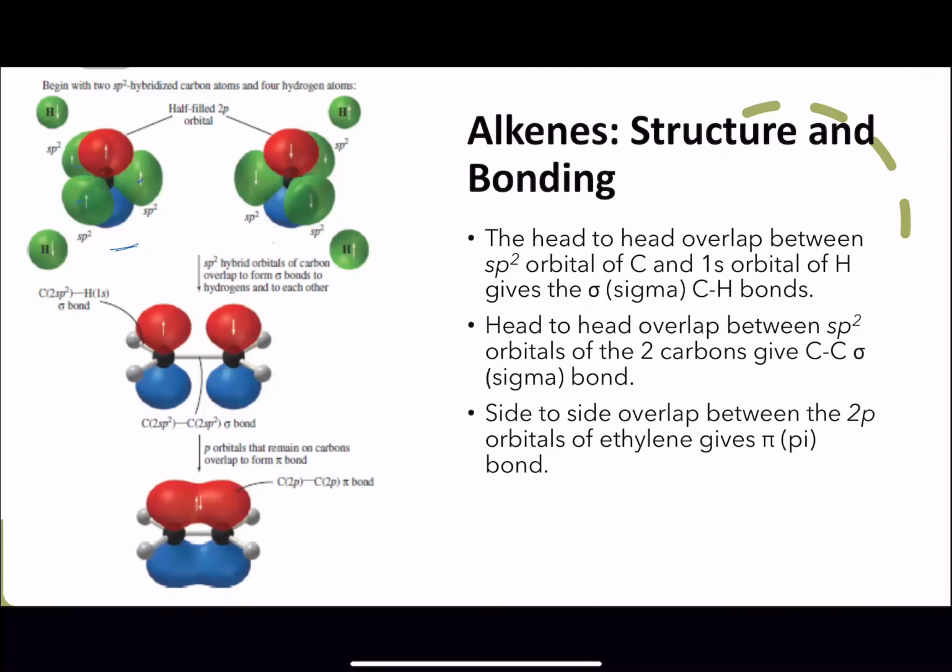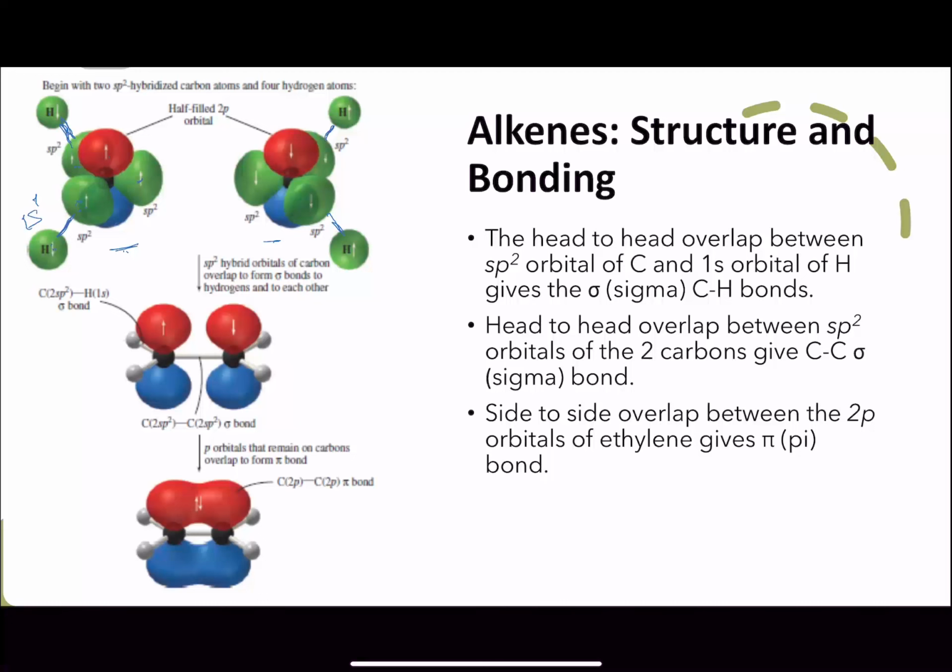For ethylene, we have two carbons, each sp2 hybridized, and two hydrogens on each, each with one electron in its 1s orbital. The head-to-head overlap between the 1s orbital of hydrogen and the sp2 orbital of the carbon will give a sigma bond. So there are sigma bonds between the hydrogens and the sp2 orbitals of each carbon.